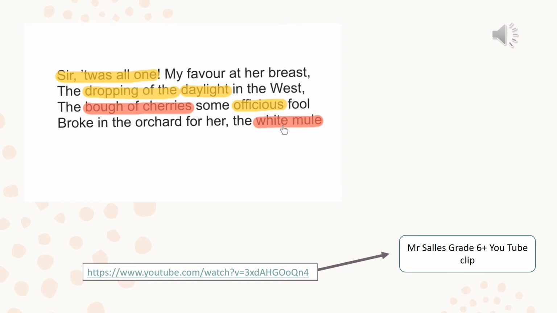He's also disgusted at the white mule that she used to ride about on. Again, a childish and innocent pleasure, suggesting that there's no malice in her at all. She's just someone who's in love with life. Some readers think that this is proof that she is flirting with other men, but the Duke's own word here to describe the man who's brought the cherries to her as officious, a kind of fussy person following orders, if you like, gives the lie to that.